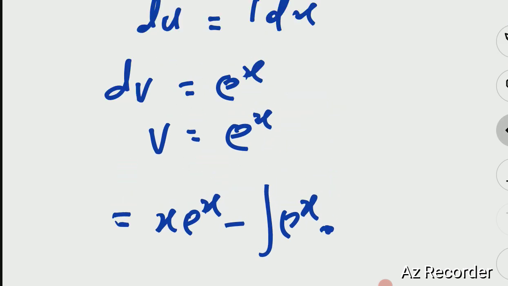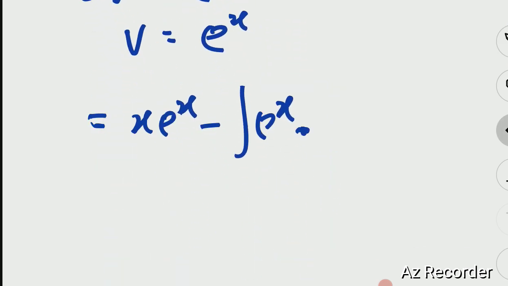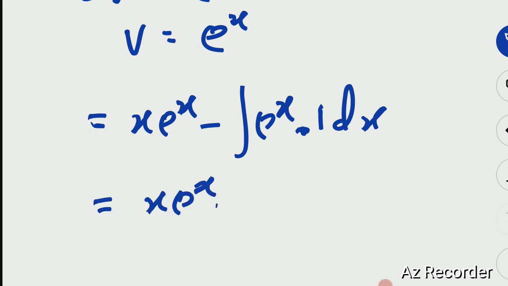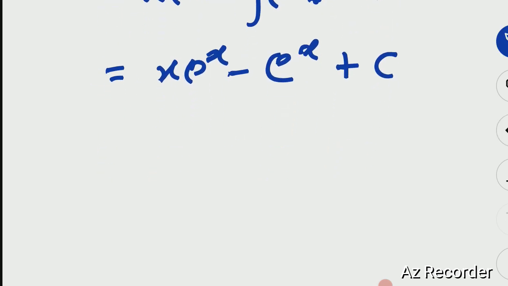Our du there is 1 dx, so times 1 dx, so we end up having x e to the x minus, when we integrate e to the x, we have e to the x plus c. Yes, you can even go further by factoring out e to the x into what?